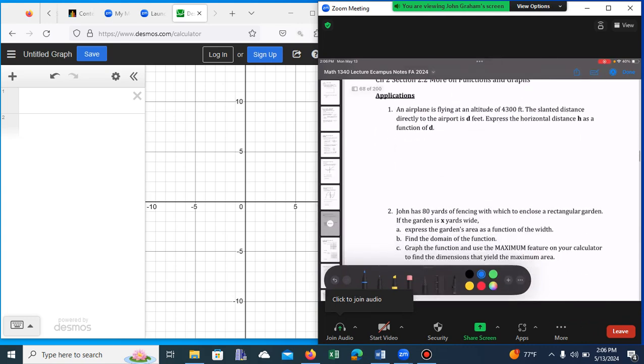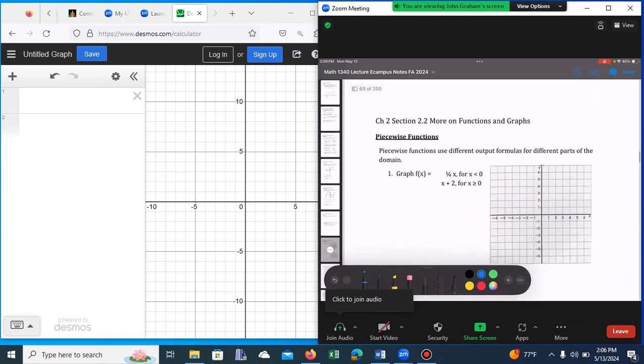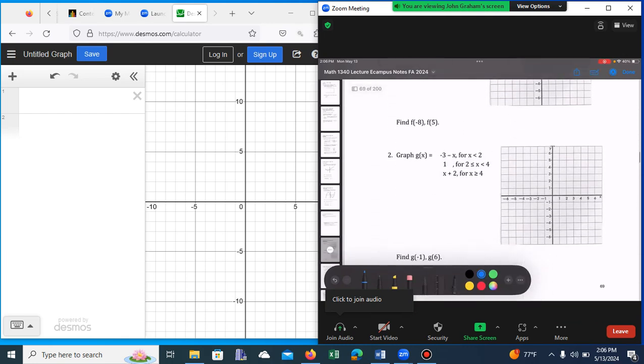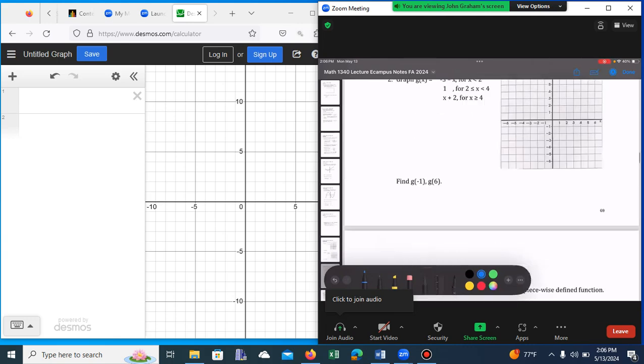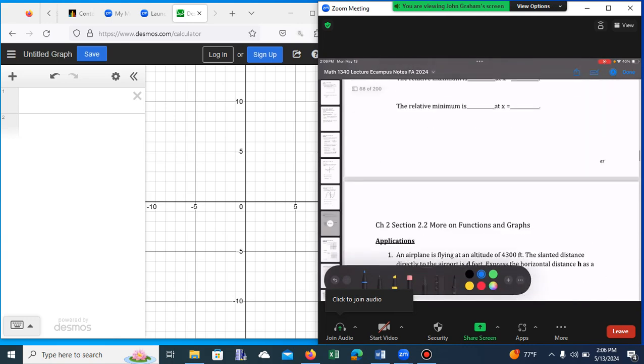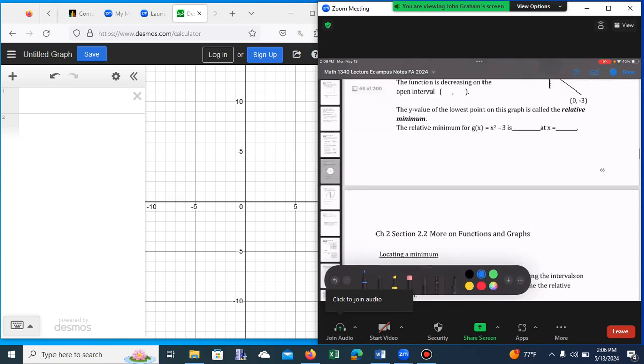And then we'll look at a couple applications, and then the piecewise function, and the greatest integer function. That'll be the last section. The second part to this video, we'll look at symmetry.